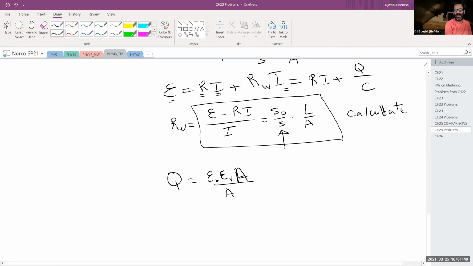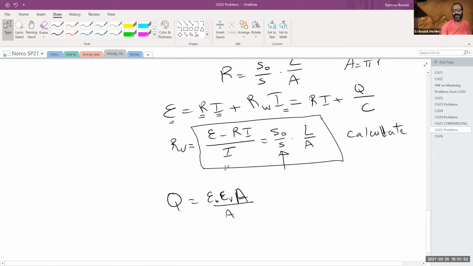I'm sorry, times the area. Okay, they do it backward. You need to verify my algebra in here. And this, of course, times epsilon minus Ri.